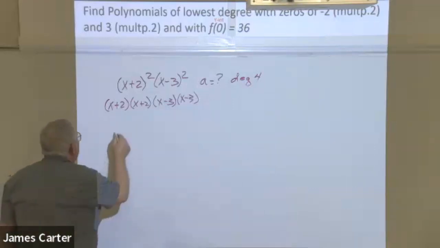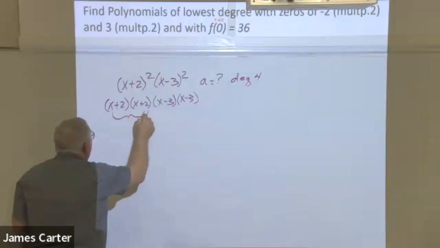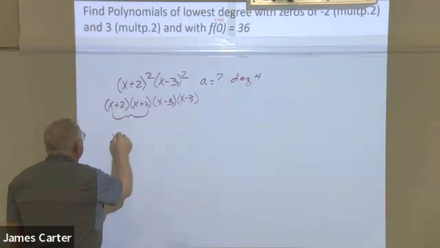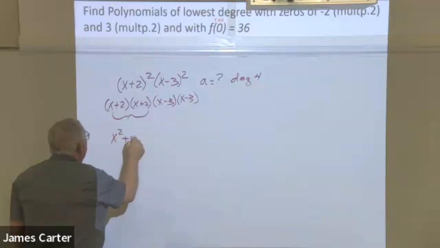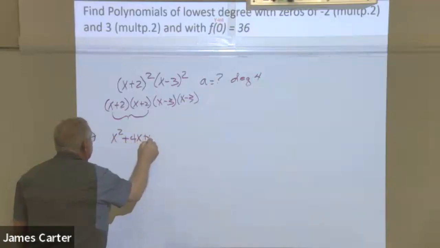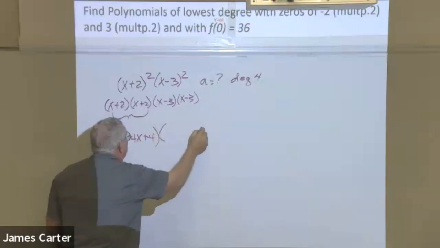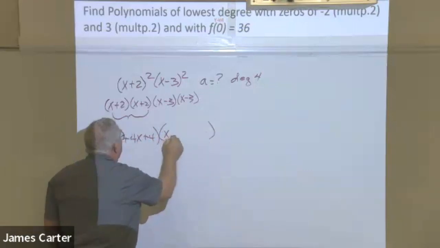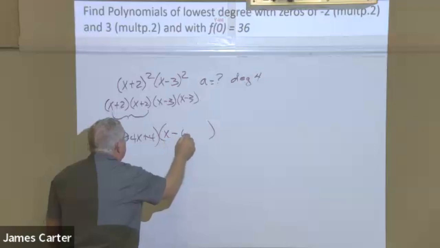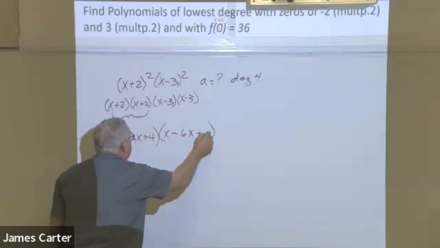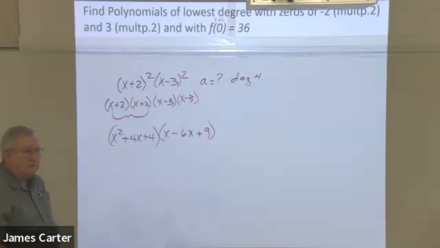Okay, so these two, we can multiply and get x squared plus 4x plus 4. These two, we can get x squared minus 6x plus 9. Okay, you understand how I got those numbers?